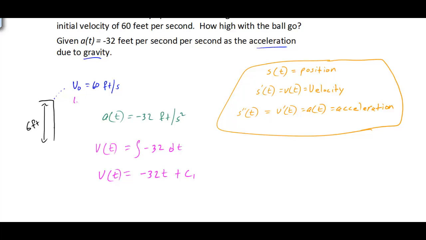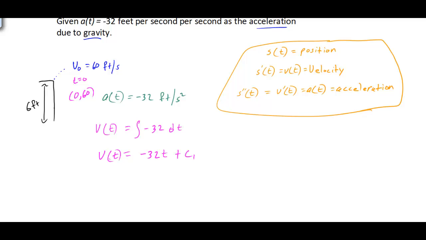So when time t is equal to 0, before any time has passed, our initial velocity is 60 feet per second. That's like saying when t is 0, our velocity is 60. And what do we know about the actual position? Well, at that time, we're 6 feet off the ground.